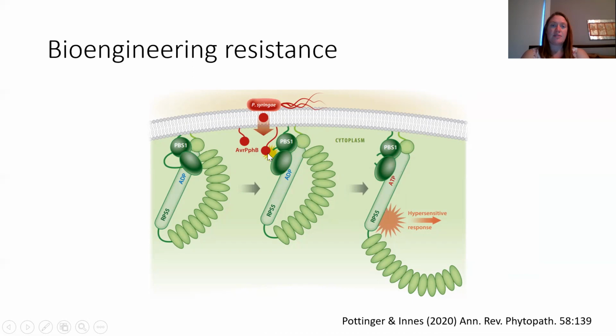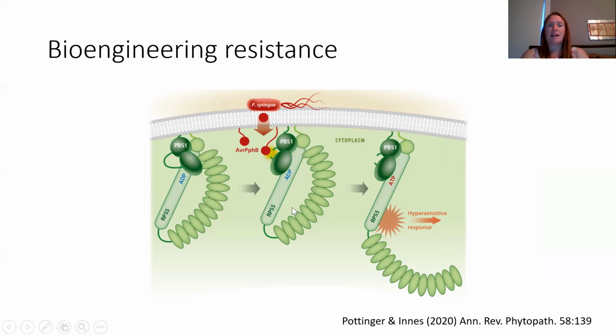Now, the idea here was they actually just modified this little site depending on the protease that was present for a specific pathogen. So instead of relying on this avirulence gene being present to produce the R gene mediated ETI, they could actually modify this to whatever protease the fungus or the bacteria was producing, as long as they knew what the recognition site was.